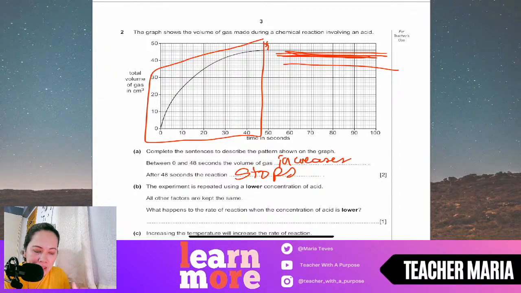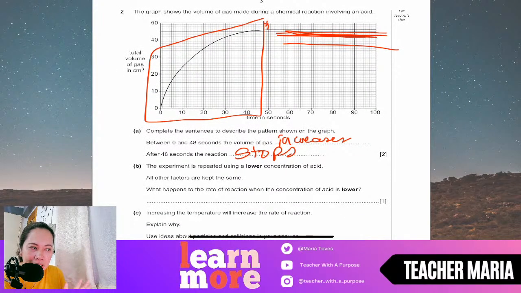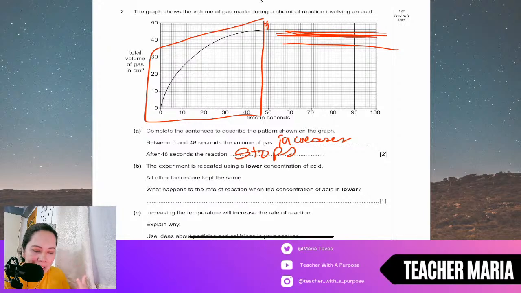The experiment is repeated. So question number two: the experiment is repeated using a lower concentration of acid. All other factors are kept the same. What happens to the rate of reaction when the concentration of acid is lowered? This is the reaction between an acid and another substance, producing gas.